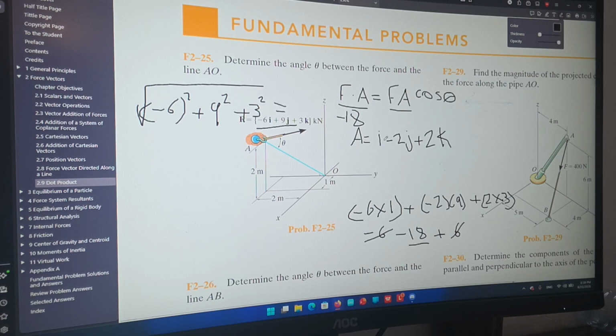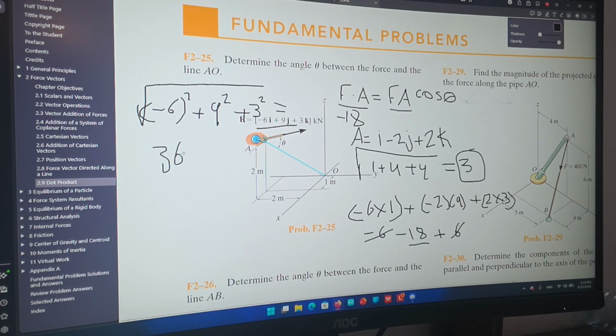Also for A, same thing: 1 powered by 2 will be 1, plus 2 powered by 2 is 4, and 2 powered by 2 is 4 again, so that is just 3. For this one it is 36 plus 81 plus 9, so that is square root of 126.